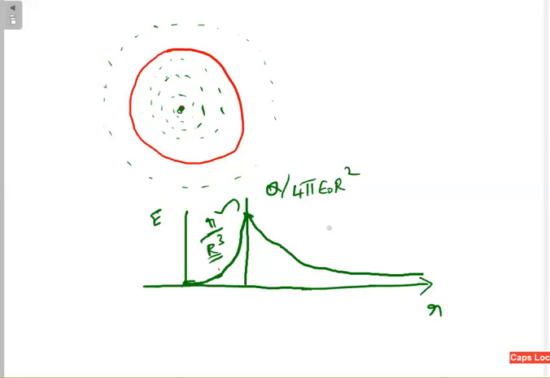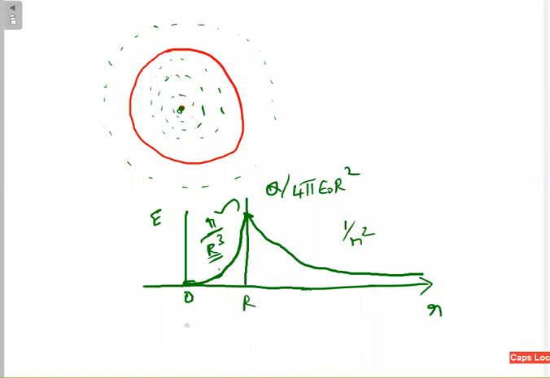Beyond this point, your contribution is fixed, so the rate is like 1 by r square, but 1 by r square is applicable after this point only. Say this is 0, this is R, and this is the distance greater than R.